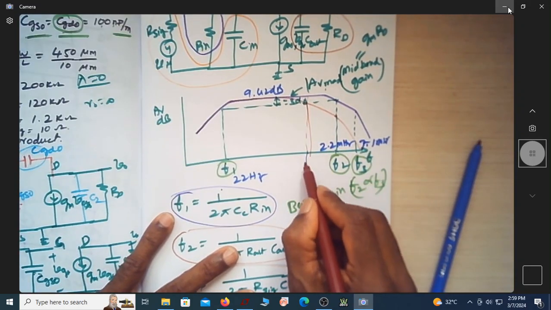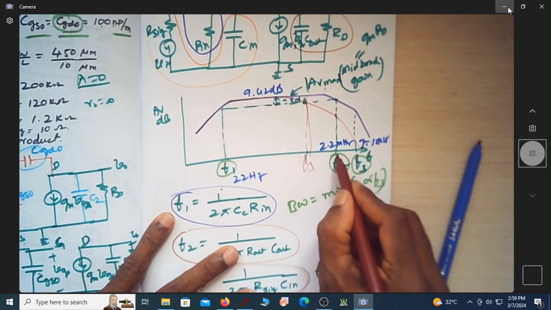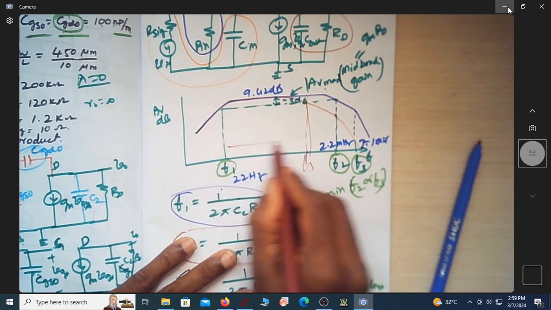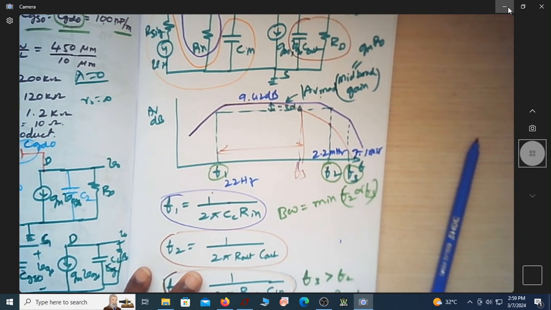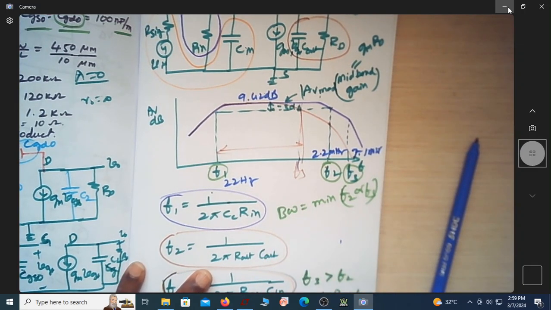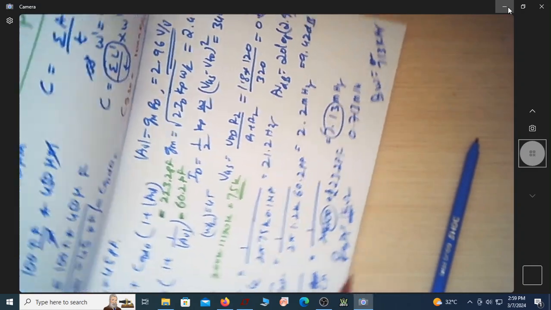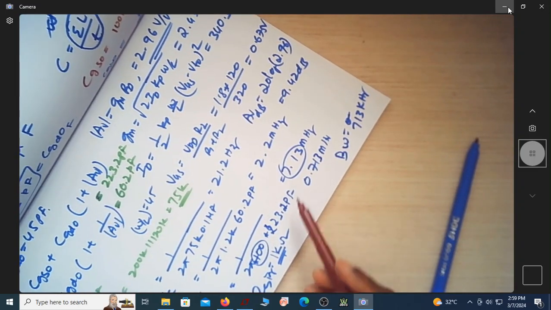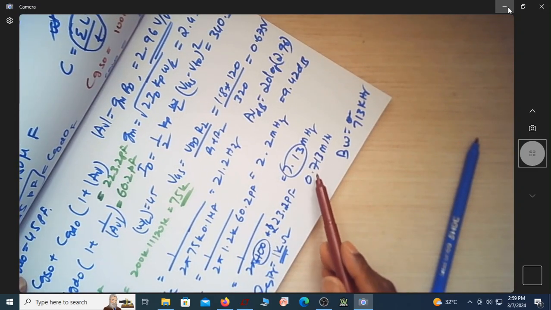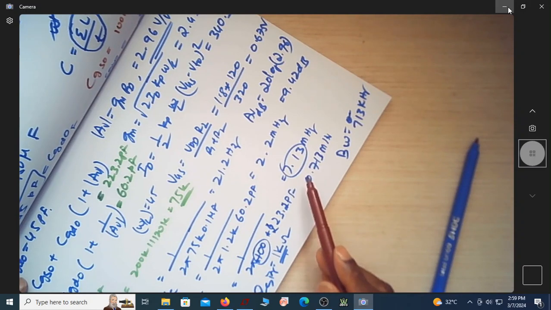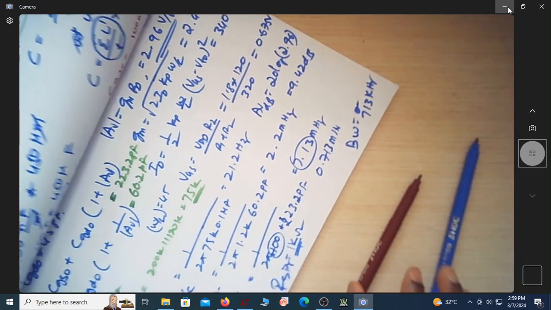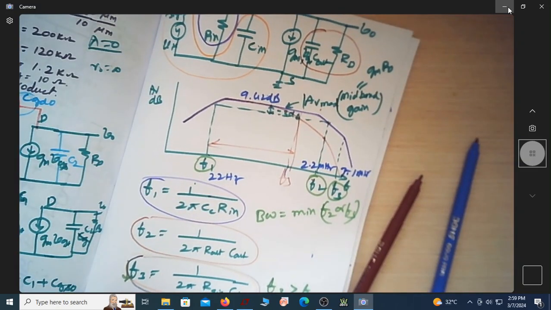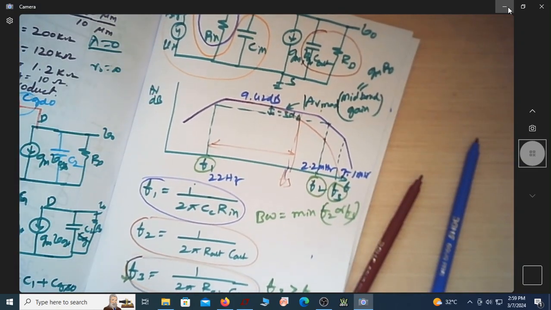So this is now F3, this is now F2. So then what is the bandwidth? This will be the bandwidth. So you have to be careful while writing the frequency response. Whichever cutoff frequency is less, that will become the dominating one, which will decide the bandwidth. Okay, hopefully this is clear to all of you.